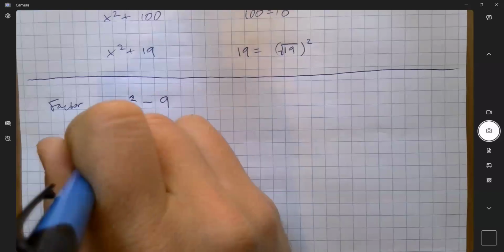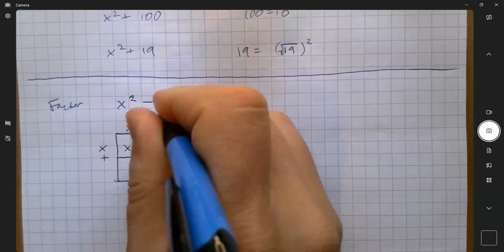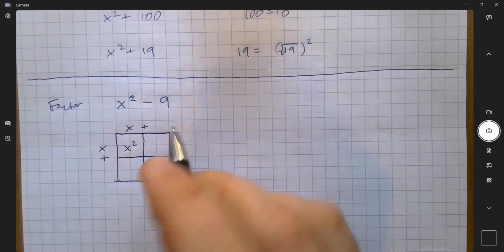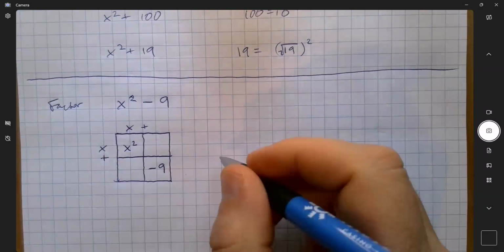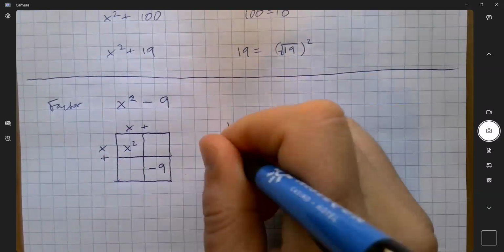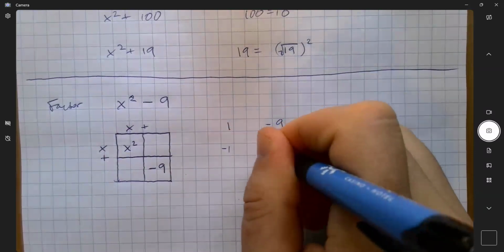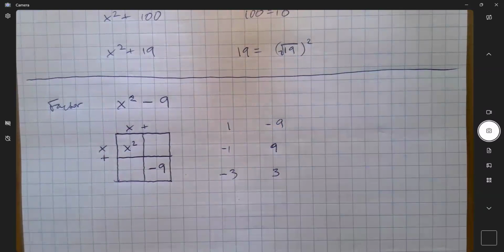So x times x is x squared, as it should be, and the constant down here should be a negative 9. So I need two numbers that multiply to be negative 9. How about 1 and negative 9, or negative 1 and positive 9? And also negative 3 and positive 3 work.